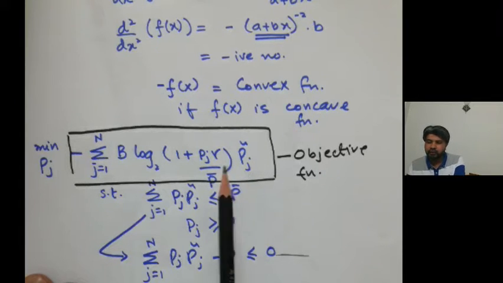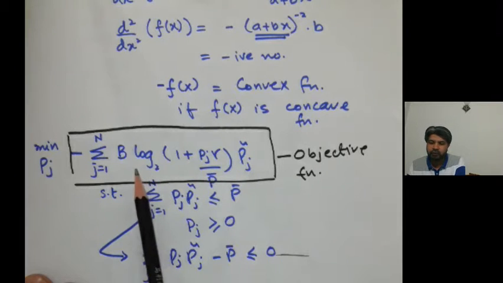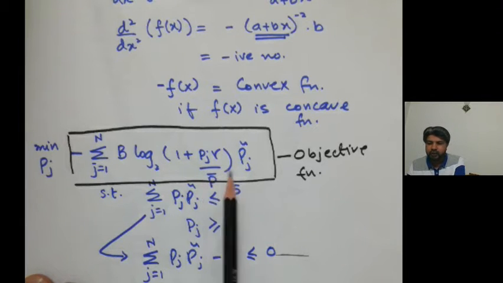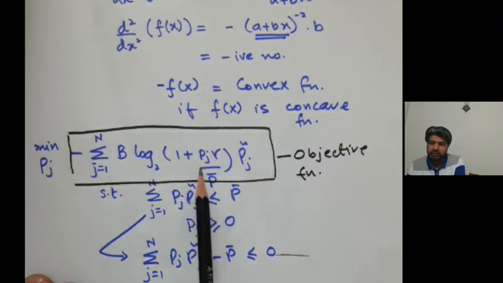Again, for reference, we want to compute the capacity where both the transmitter and the receiver have the channel side information, and because the transmitter has the channel side information, we can do power control. So these Pjs are the transmitted power when the channel is in state j.